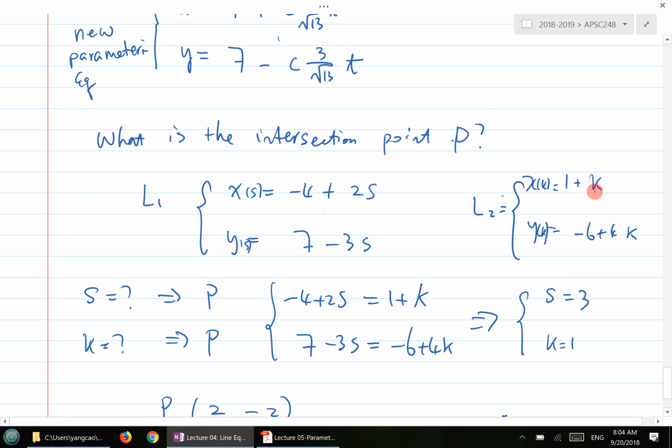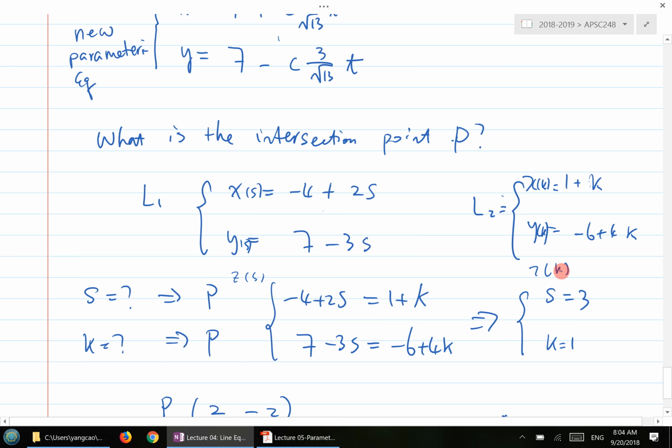Because if you want to solve for the intersection point, you have to have two different parameters, not the same parameter. The same rule applies to 3D curves: if you have z of s here and z of k there, it's the same thing.